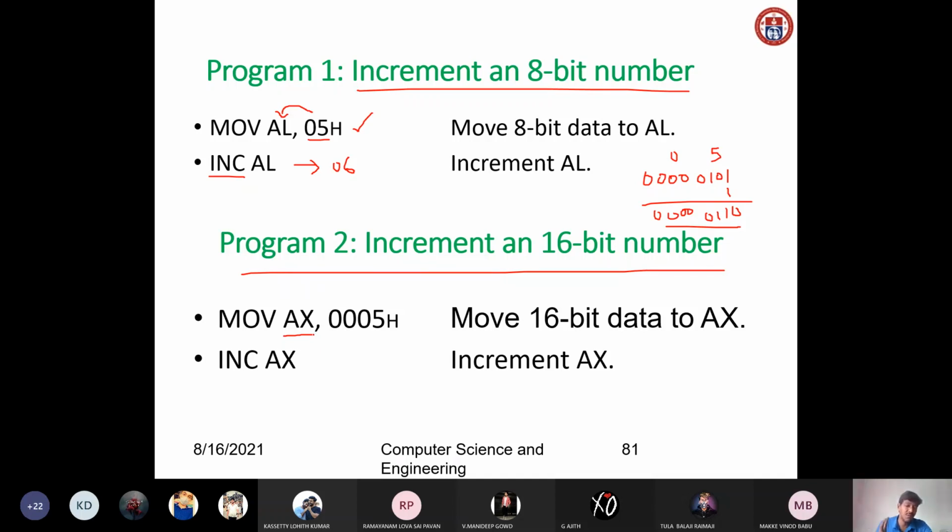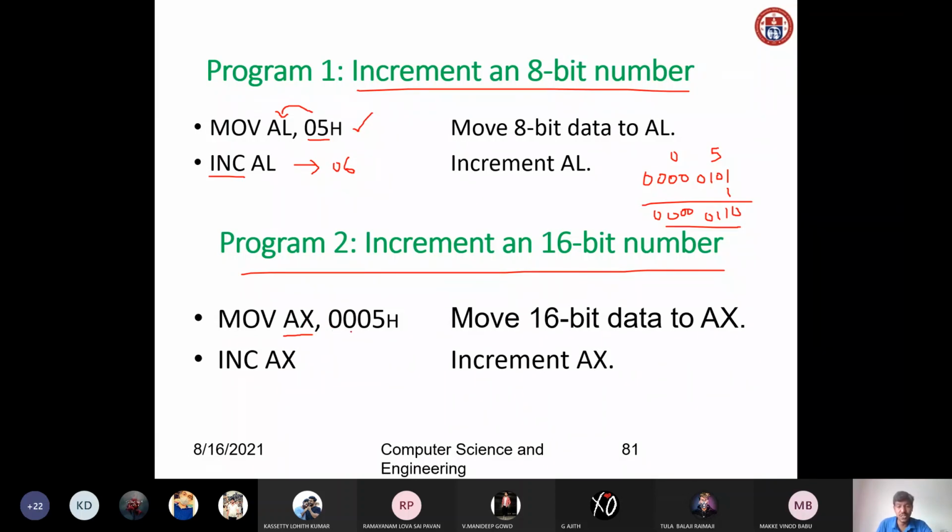If we want to use 16-bit, we use AX. If we want 8-bit, it is divided into two parts, AL and AH. AL is the lower byte accumulator register, and AH is the higher byte accumulator register.